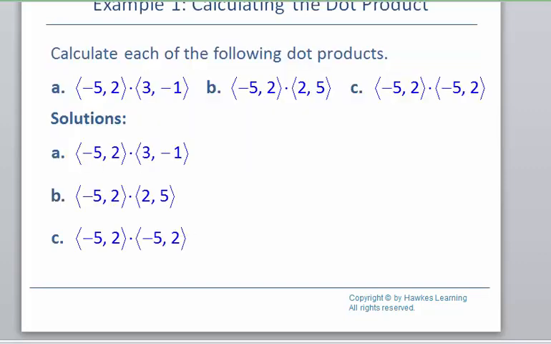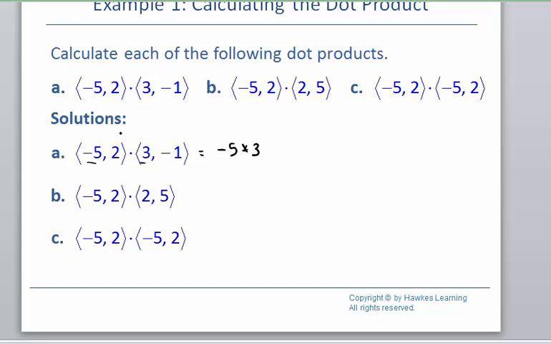Okay, so we have three quick examples that we're going to do here. Our first vector has the representation -5, 2, and our second vector has 3, -1, and we want to find the dot product of that. So remember that you're going to take your first two components and multiply them together. So we're going to be doing -5 times 3.